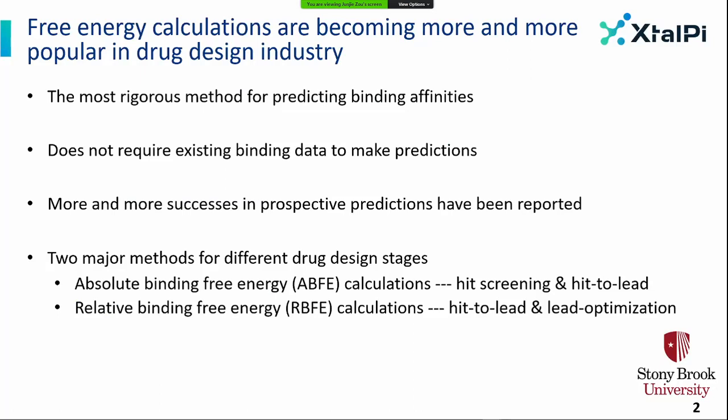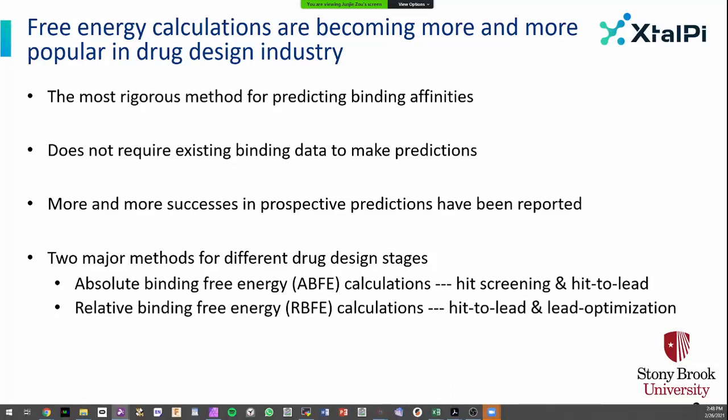and we've seen a lot of workflows for automatic setup of free energy calculations. There are many publications showing that free energy calculations can have great impact in real drug discovery pipelines.